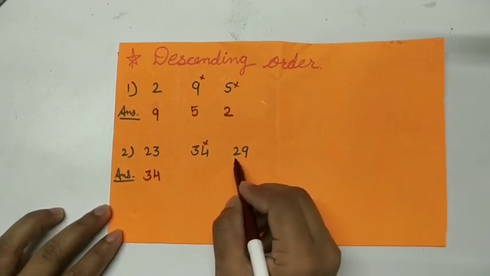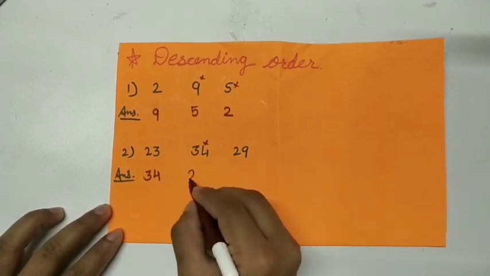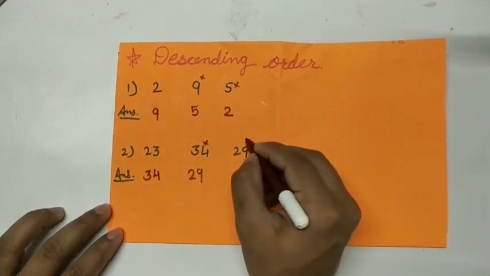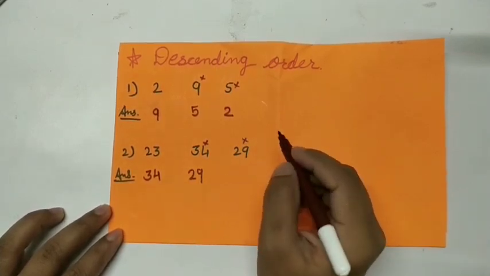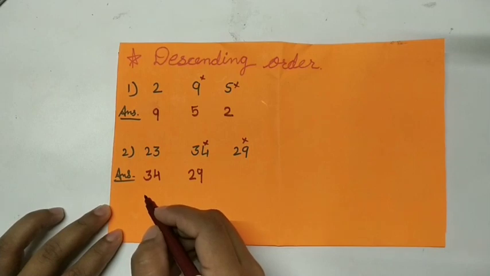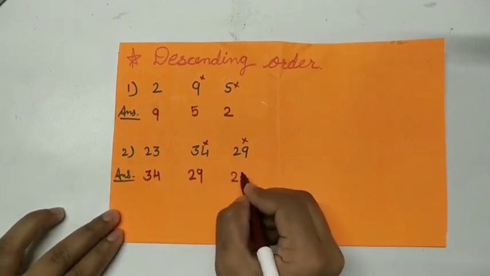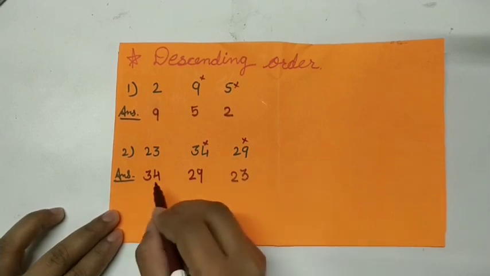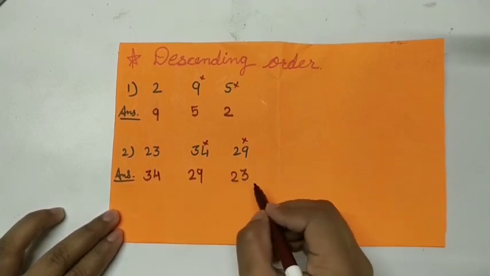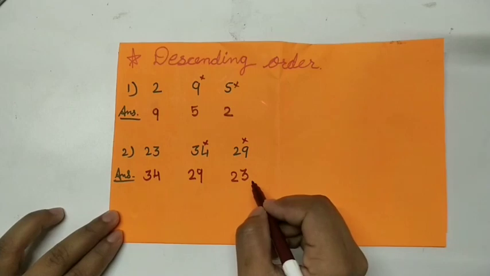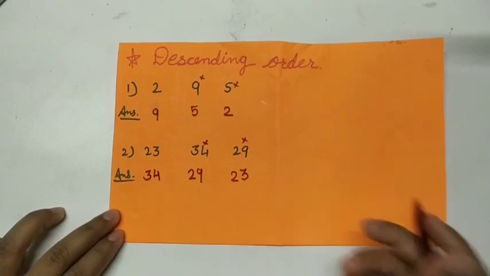Which is bigger? 29. So I am writing 29 here and cut down 29. Now which number is left? 23. So I am writing 23 here. So 34, 29 and 23. This is called descending order.